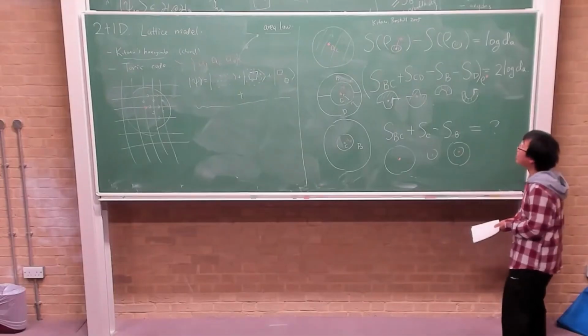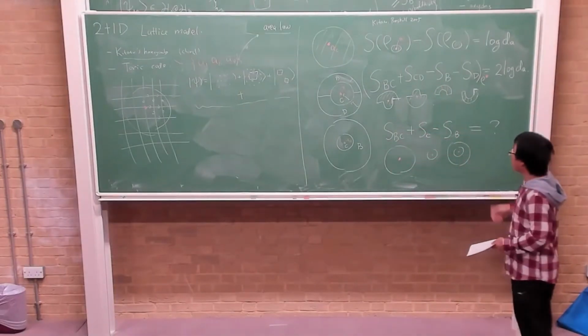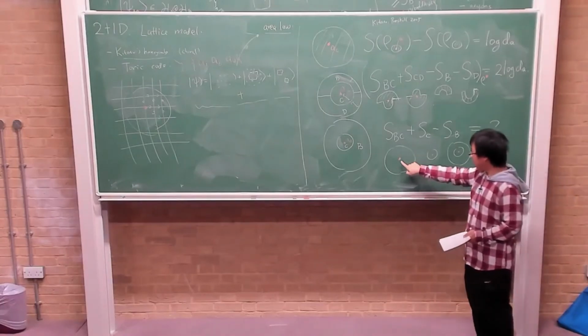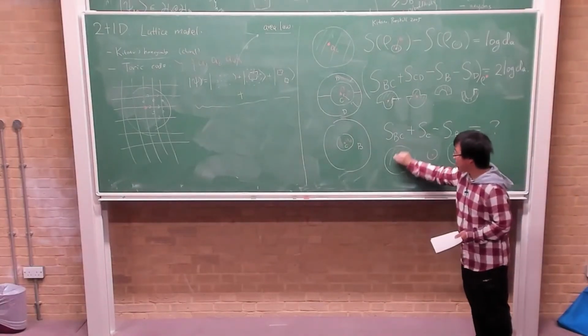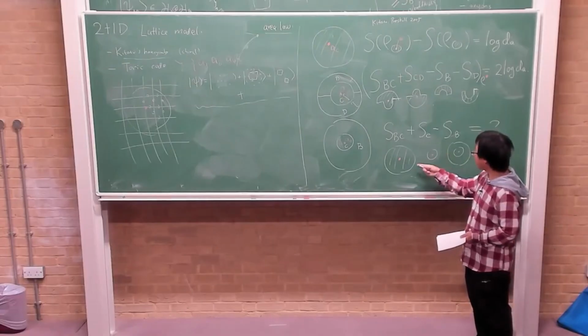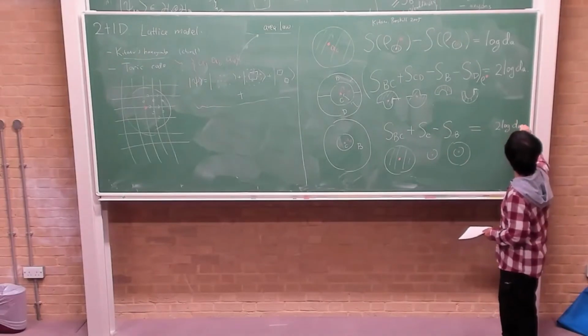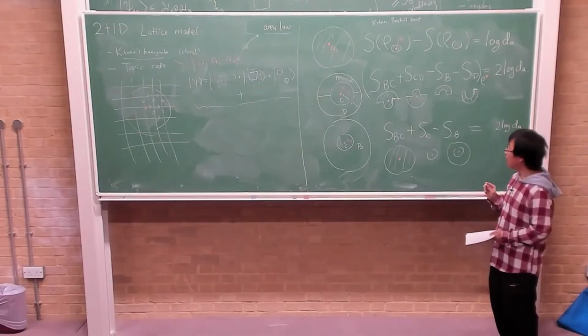What do we expect? If we look at the formula Kitaev-Preskill had, naively we would say, well, the disk, you see the anion, right? This one is the anion. So probably you have 2 log d_A.